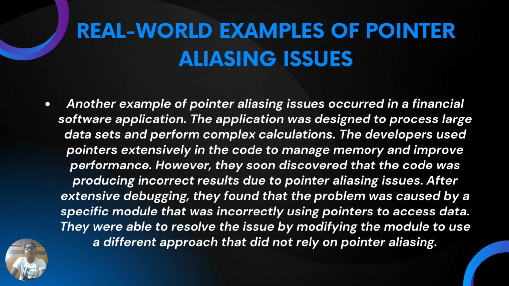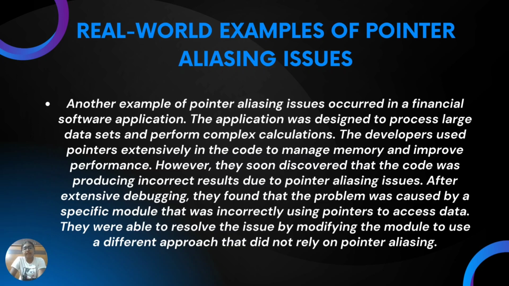Another example of pointer aliasing issues occurred in a financial software application. The application was designed to process large data sets and perform complex calculations. The developers used pointers extensively in the code to manage memory and improve performance.